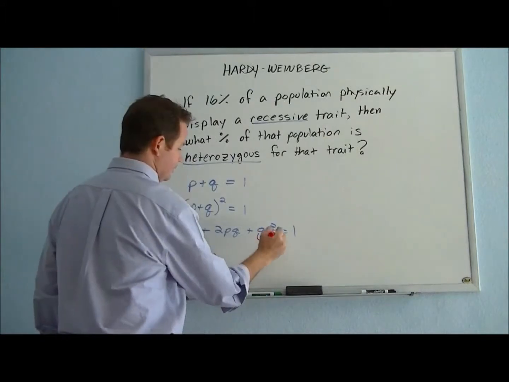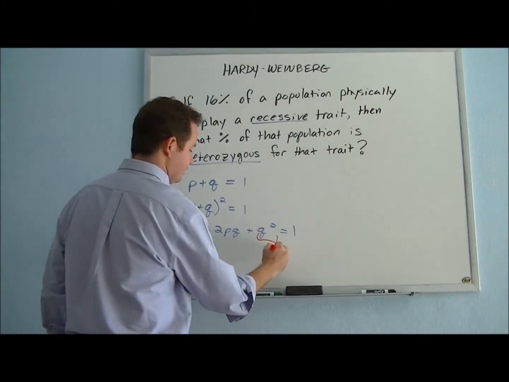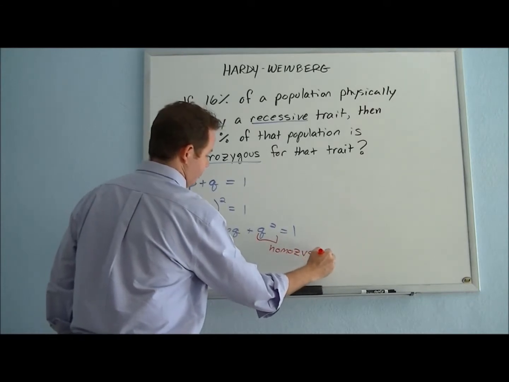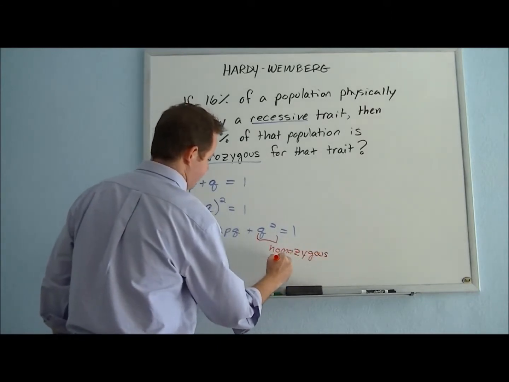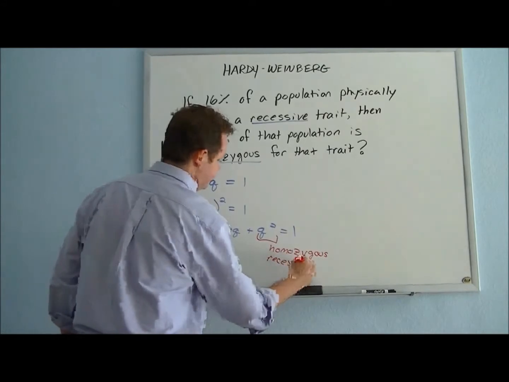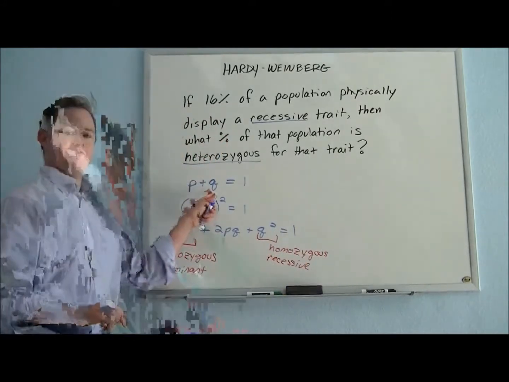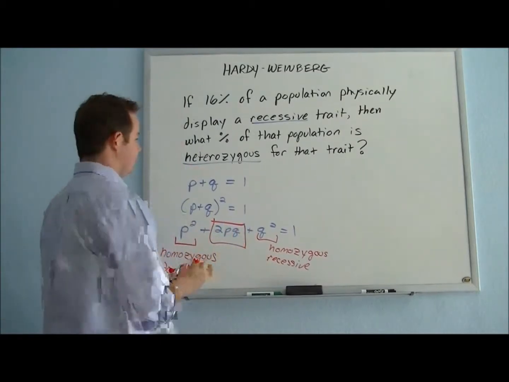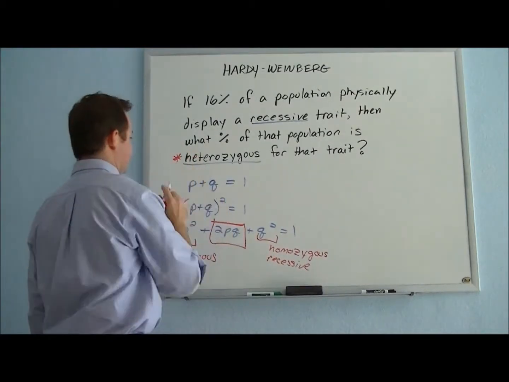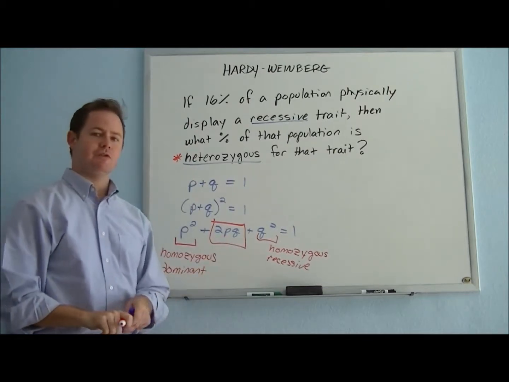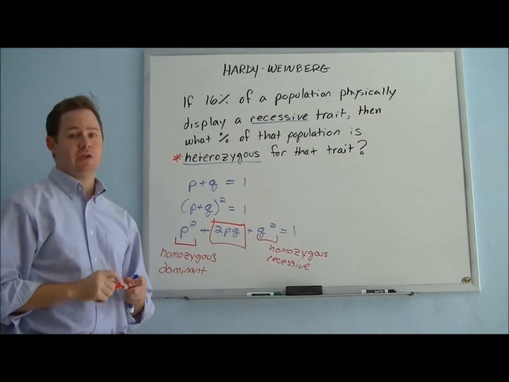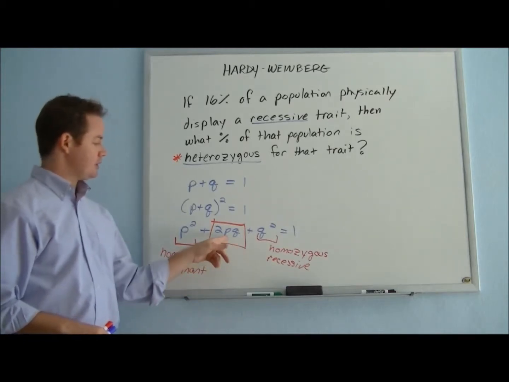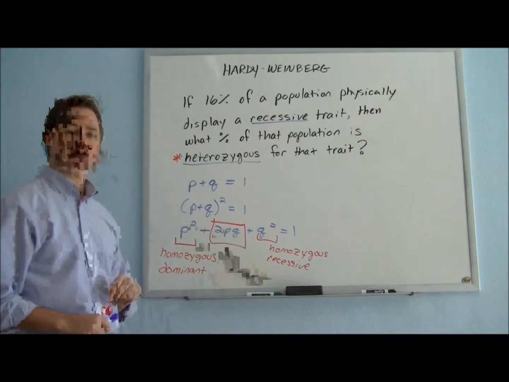Q squared, along the same line of thinking, represents something that is homozygous recessive, which means that you're getting 2 copies of the recessive allele. And then 2PQ, that's what they're asking for in this question. That represents the percentage of your population that is heterozygous, which means they're getting 1 of each. This part of the population is getting 1 dominant allele and 1 recessive allele.